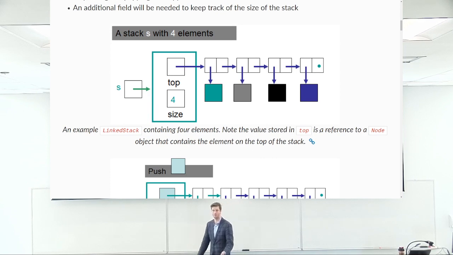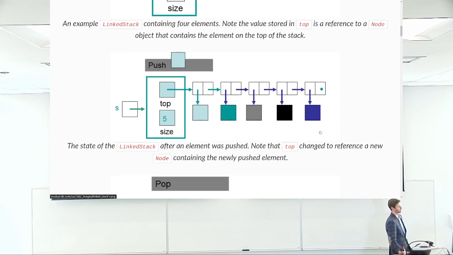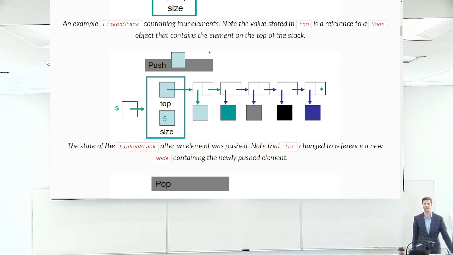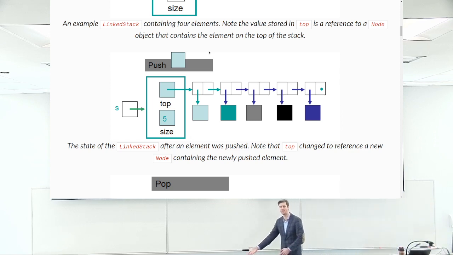We have a link structure. Remember, we have these nodes. And what we'll do is, remember with the link structure, we always wanted to make sure we had reference to the beginning, the first node. Well, here, that's all we're going to do. We're going to call that top. It'll be the top of the stack. Every time we want to push something, we just insert to the front of a link structure. So if we're adding that, well, create a new node, throw that in it. The new node's next is what top currently is.